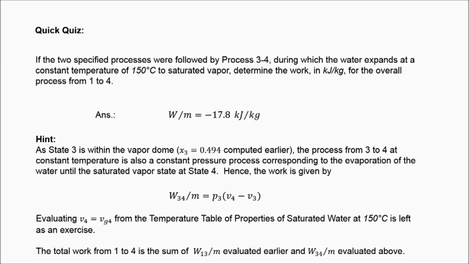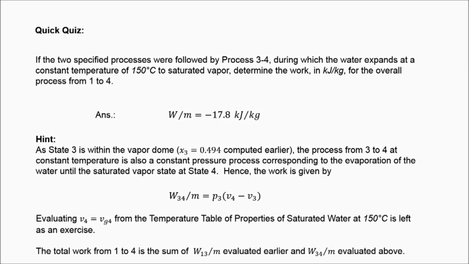In closing, in this example, we have learned about analyzing two processes in series for steam in a closed system. We have also learned how to compute the work and heat transfer for each process. This example is an important building block for analyzing thermodynamic cycles made of several processes in series, typically 4 or more.